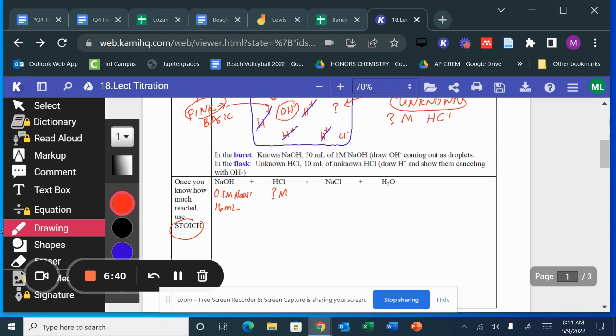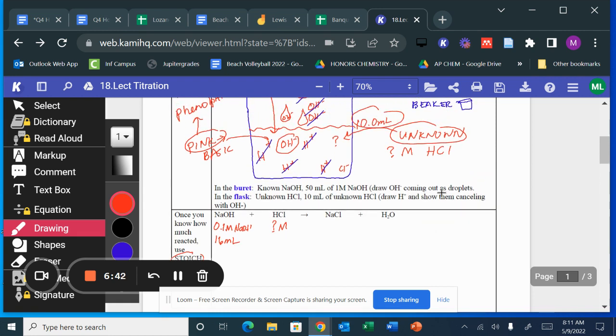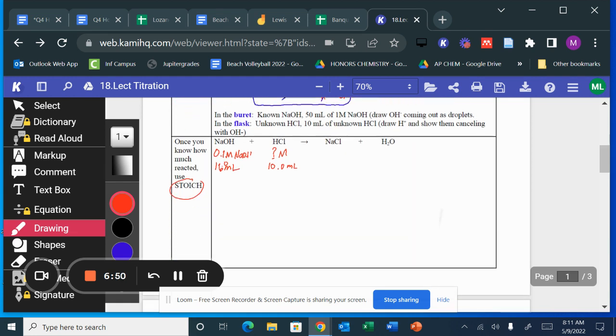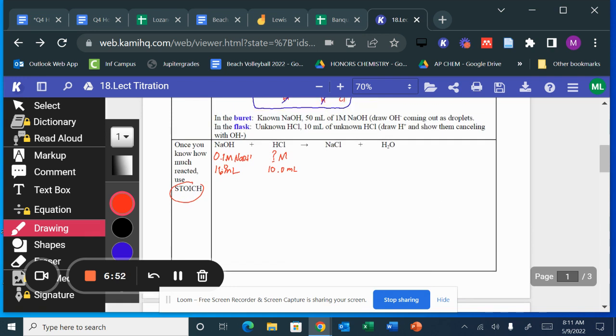And you know that you added 10 milliliters of it. Let's give this one more sig fig, 16.0. So now your goal is to find the molarity of the unknown. So you're going to start with what you know, get to moles, go across, and then go back up.